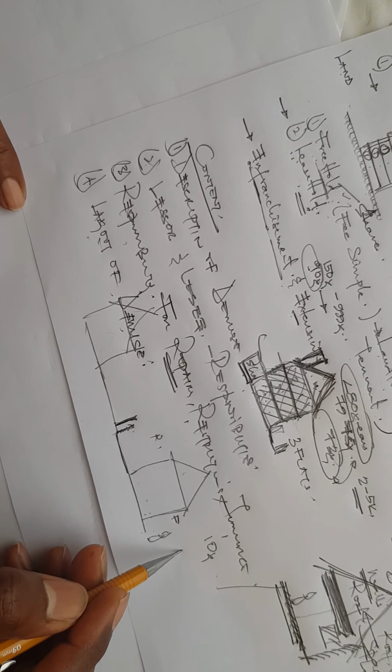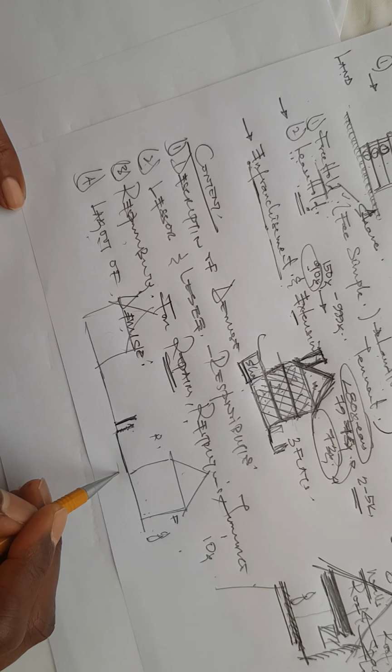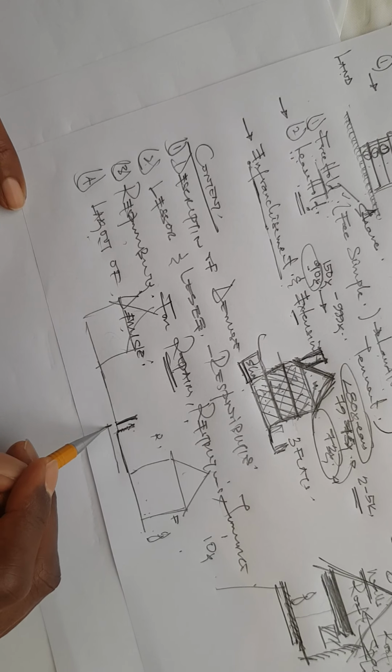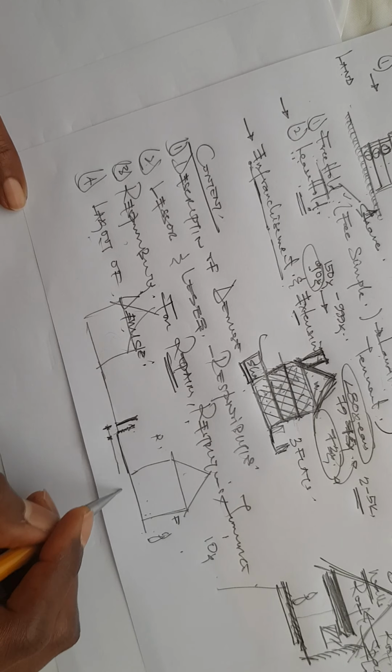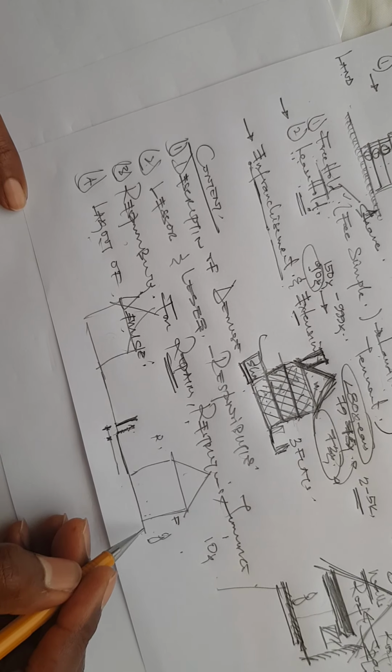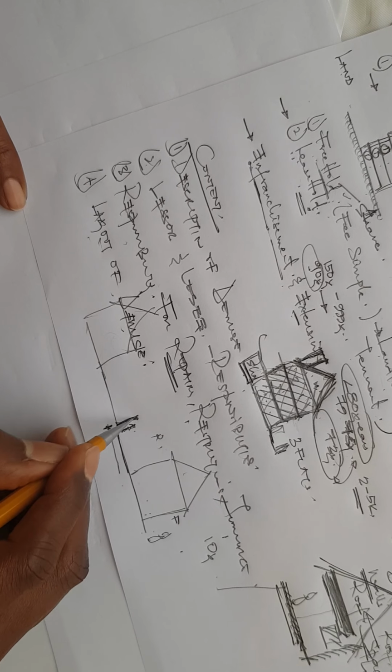The new owner buys it, believing that his property extends all the way up to this point, without realizing, no, it's actually all the way up to here. He decides to sell the property. He lists the property based on that.